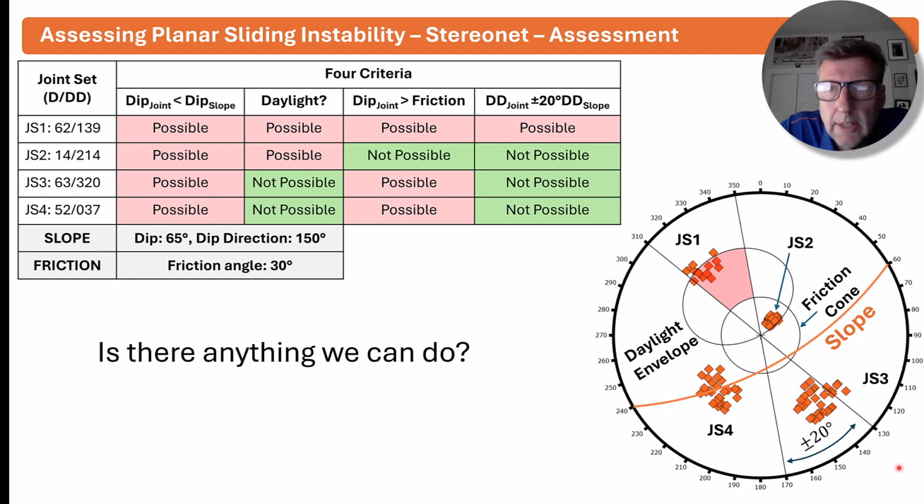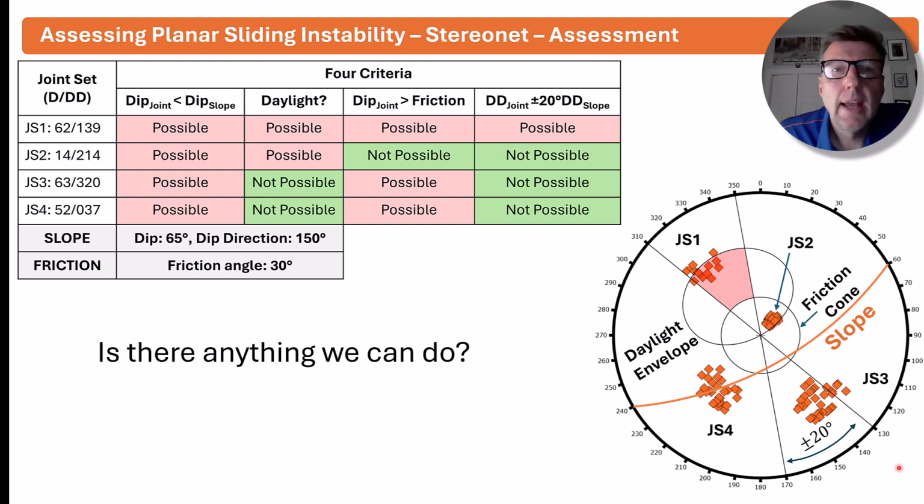In the table, a possible answer is highlighted in red, indicating the criterion is met and sliding is possible. A not possible answer in the table is highlighted in green, indicating a criterion is not met and sliding is not possible.